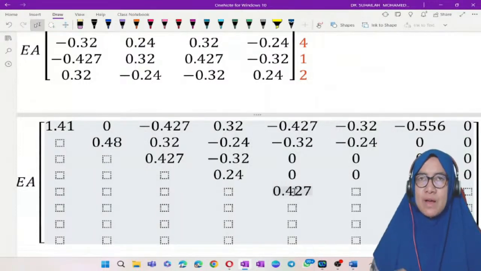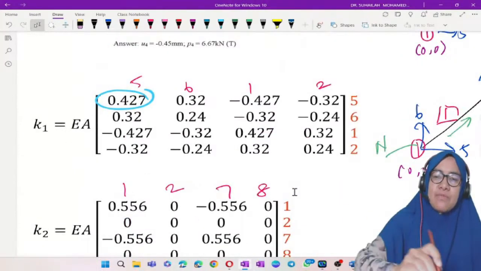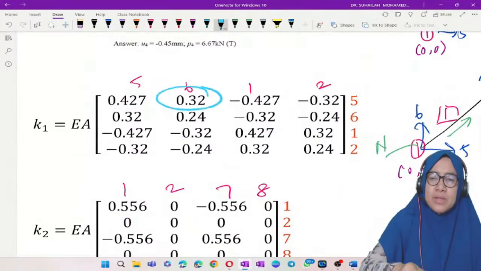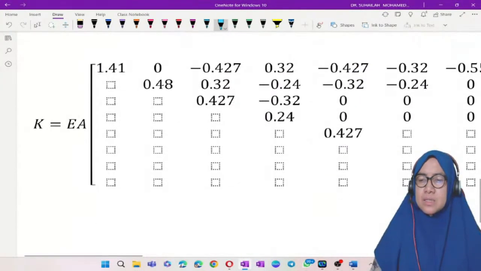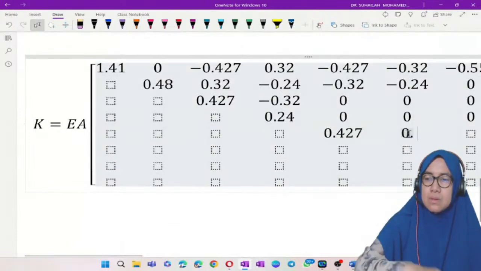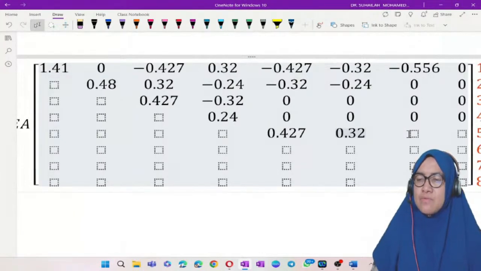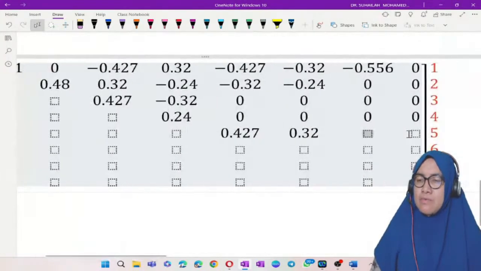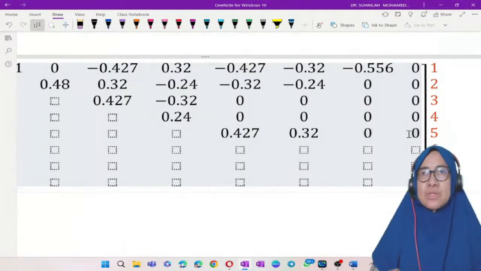Okay, then 5,6 is 0.32. And then there is no intersection for 5,7 and 5,8, so this will be 0, 0.